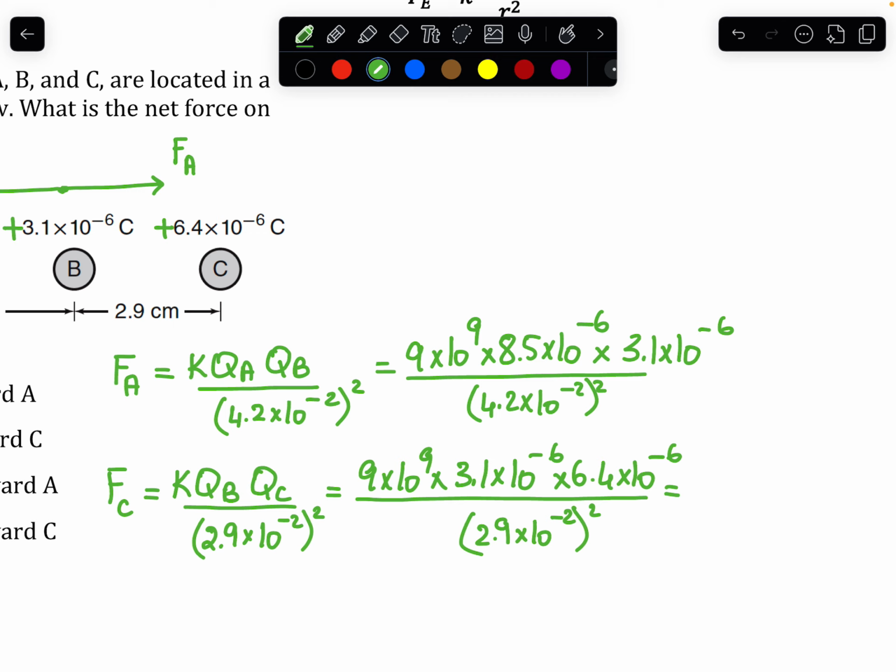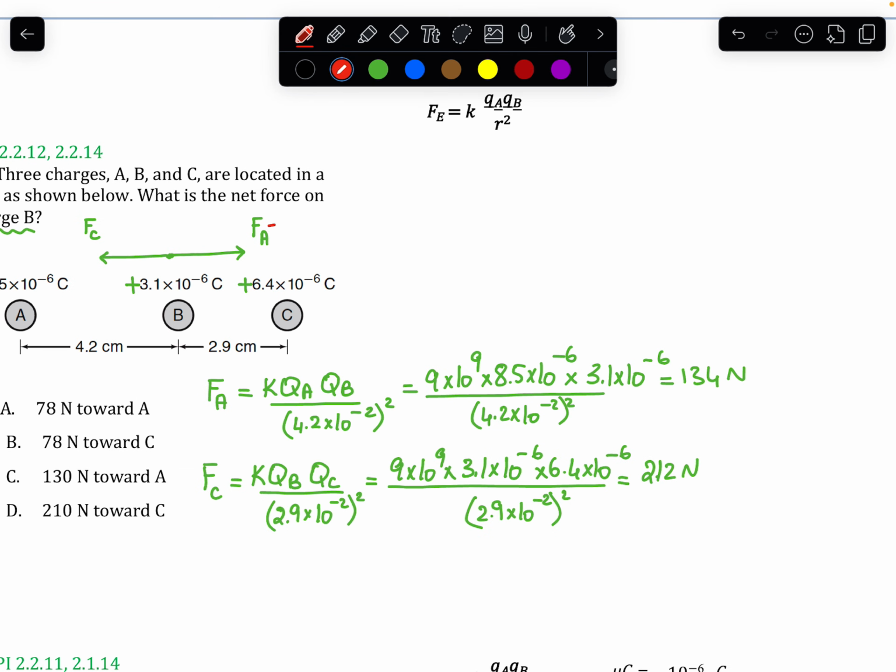So the first one is 134 Newton, and the second one is 212 Newton. So this one is 134 and this one is 212.